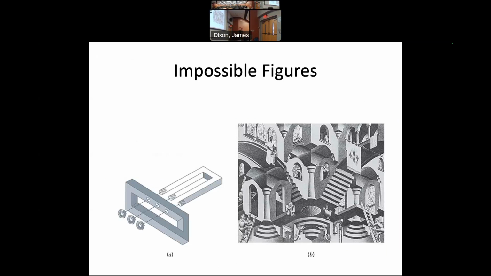We have some sort of diagram here, and this piece has to go into this piece, and then you attach the bolts. When you open up a package, this is not the diagram you want to see. You'd be like, well, that's going to be interesting. The problem is that locally, this all makes sense. In this region it looks like a two-pronged piece that's going to go into here.